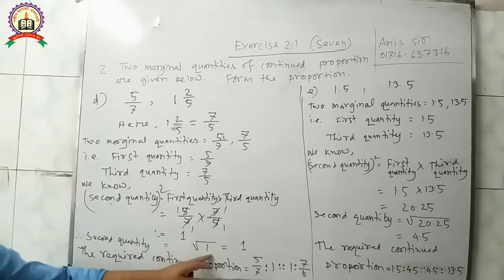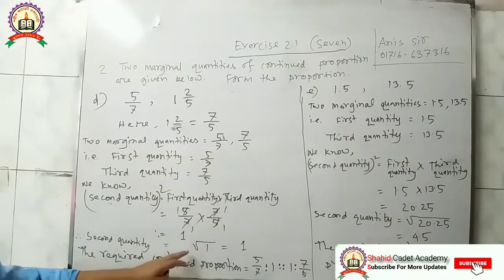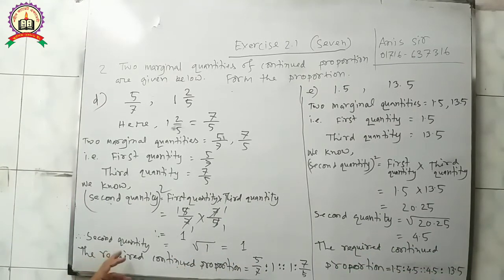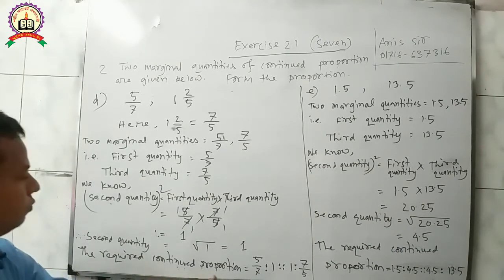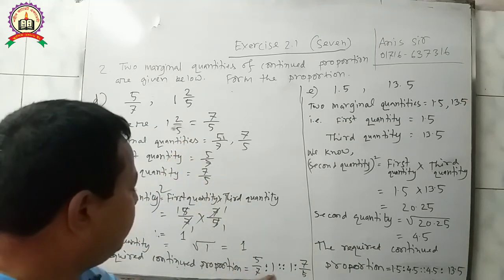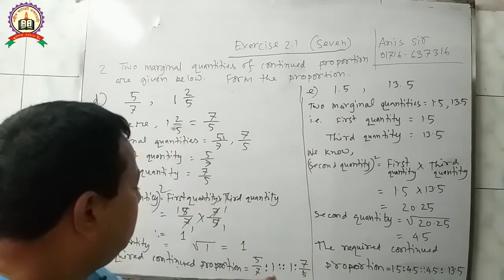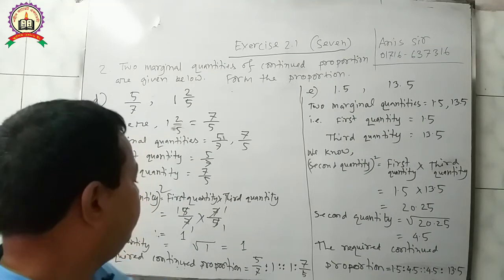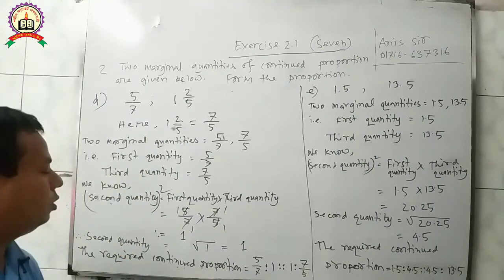Square of 1 equal to 1, or root over 1 equal to 1. So we get second quantity equal to 1. So the required continued proportion, first quantity 5 by 7 is to second quantity 1, proportion second quantity 1 is to third quantity 7 by 5, and this is the continued proportion.